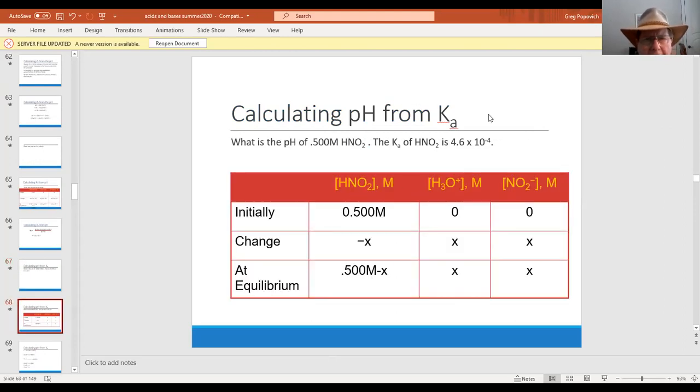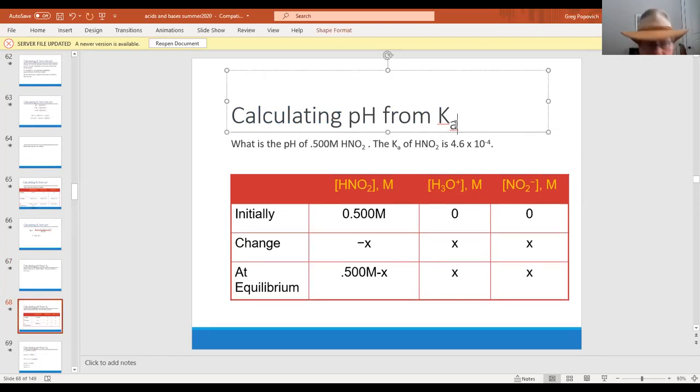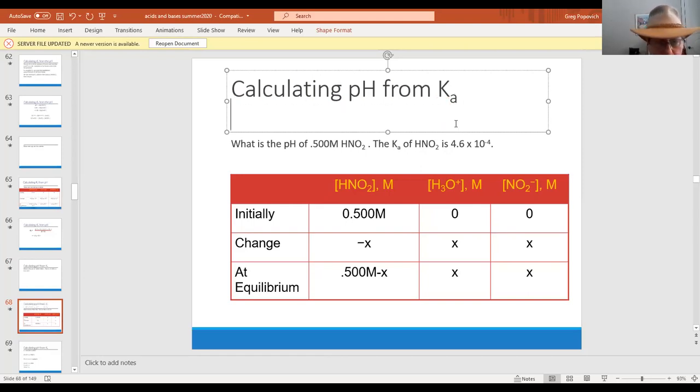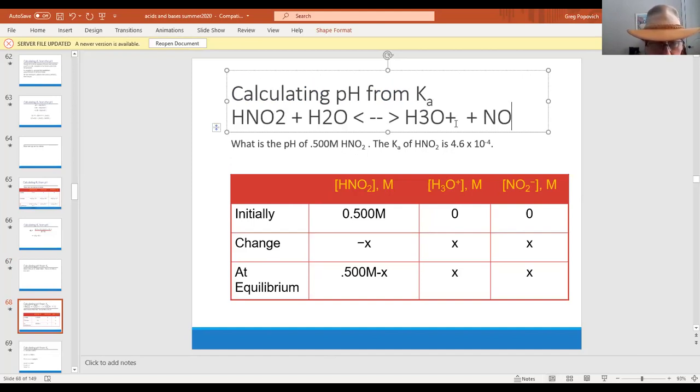I have my reaction, which is HNO2 plus water makes H3O plus plus NO2 minus.